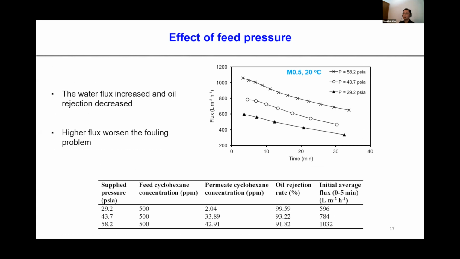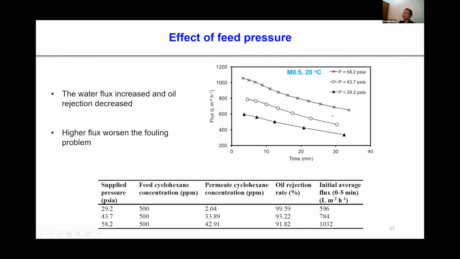The second test we show is the effect of feed pressure on membrane M.5. The figures show the effect of pressure on membrane flux as a function of time. Again, it shows flux reduction due to fouling.